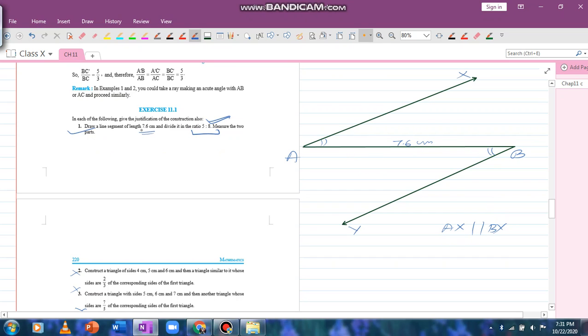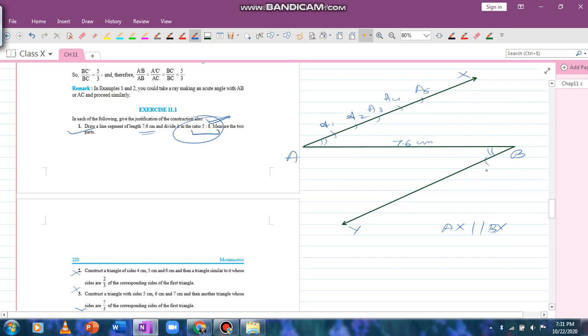After this, keeping in mind the ratio, we cut off 5 arcs at A along AX, and we cut off 8 arcs of the same radius along BY. So we have A1, A2, A3, A4, and A5.